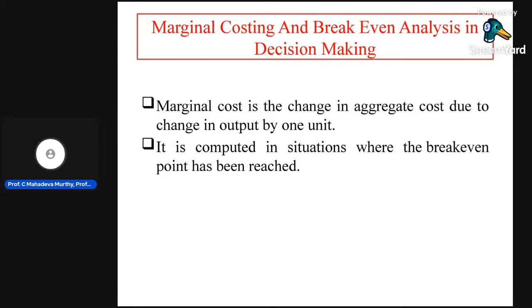Then marginal costing and break-even analysis in decision making. Marginal costing is also one of the important techniques of costing. Marginal cost is the change in the aggregate cost due to change in the output by one unit. Here we have seen two important costs: fixed cost and marginal cost.